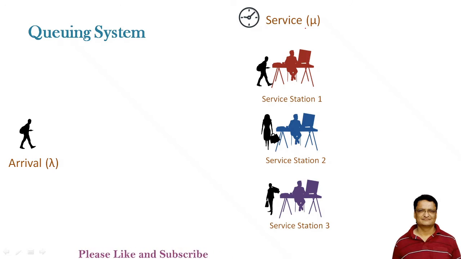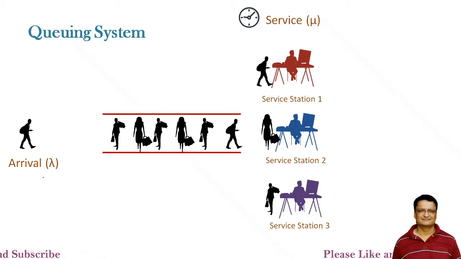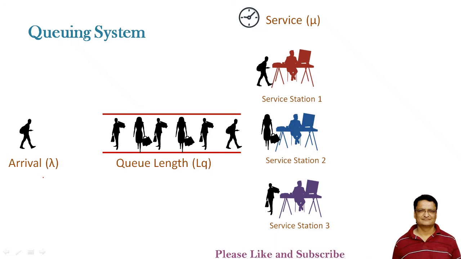Now there are customers who are arriving in the system at various rates, which may be at equal intervals, or they may arrive randomly, and which is usually denoted by the term lambda. As more and more customers arrive in a system, they create the queue, and these queues have a certain length.